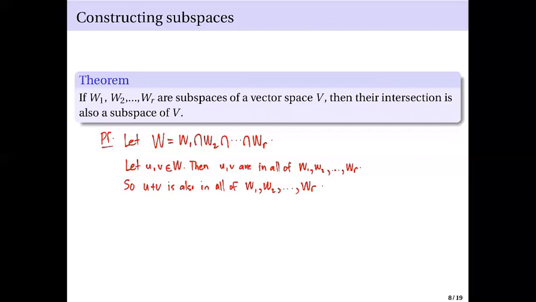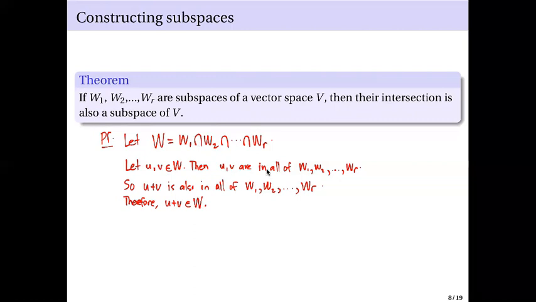And therefore, U plus V is in the intersection. That's your first statement in the subspace test. You get two elements in the set, you show that the sum is also in the set.